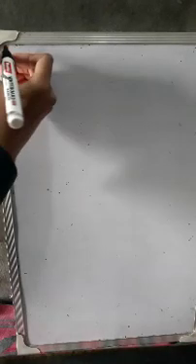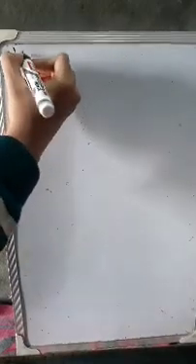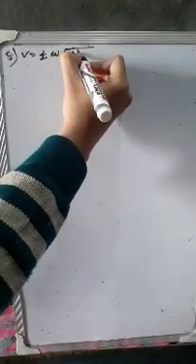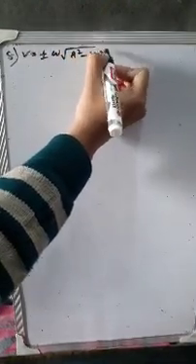So for a particle in SHM, students, when its displacement from its equilibrium position is x, then its velocity v equals plus minus omega root a square minus x square.